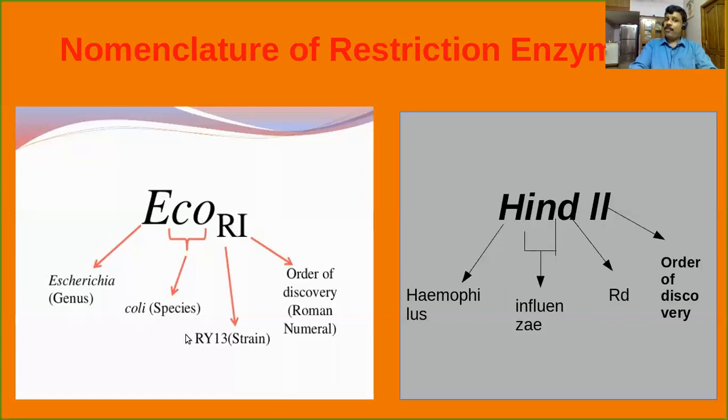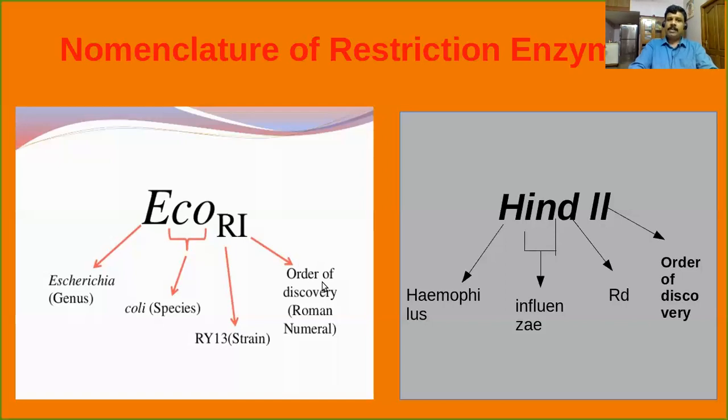There are different types of Escherichia coli bacterium. Out of so many types, the most important strain is called RY13. So this R came from RY13. And here the 1, 2, 3 like that is the order of discovery, meaning the order of isolation.